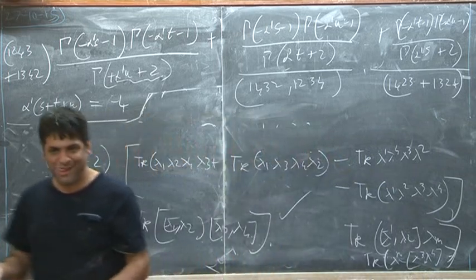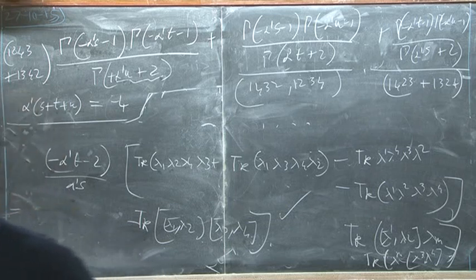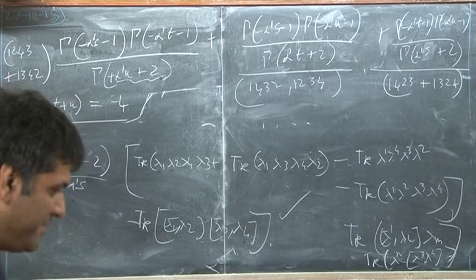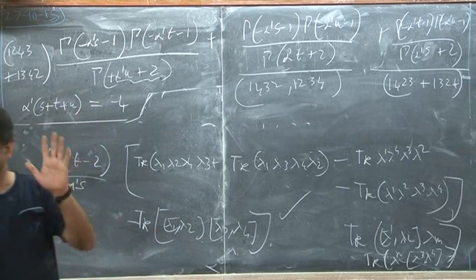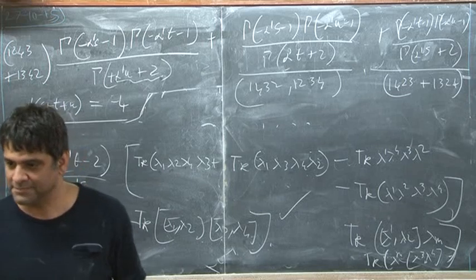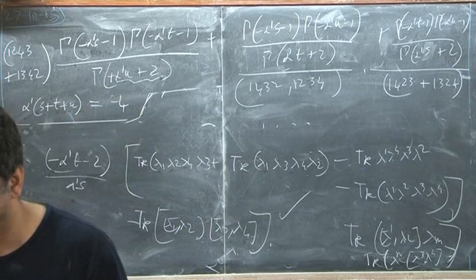So you see the Chan-Paton factors, the indices are working out by themselves. Okay? So we can let the Chan-Paton factors be and look at the momentum dependence. That's what remains in order to take care of that.